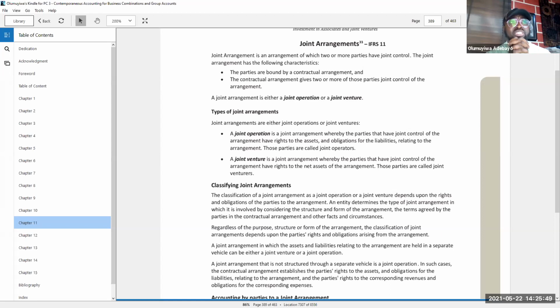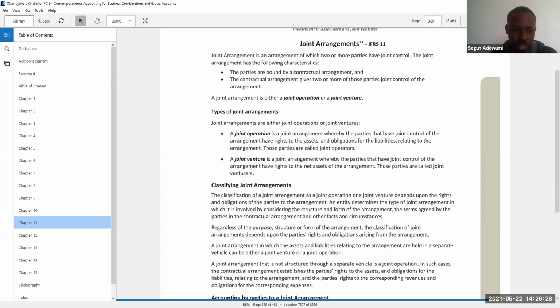Even in commercial terms, a business is seen to operate in the foreseeable future. Therefore, if it's something that you carry on only for five months, six months, one year, I don't think it can form a basis to classify it as a joint venture. Rather, it will be a joint operation, which means your interest is not in the equity. Such does not create equity since it's not a business. Rather, your interest is in the assets or resources attributable to such an arrangement. Does that make sense? Yes, sir.